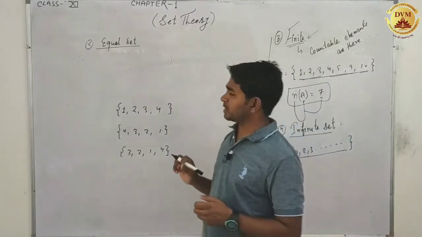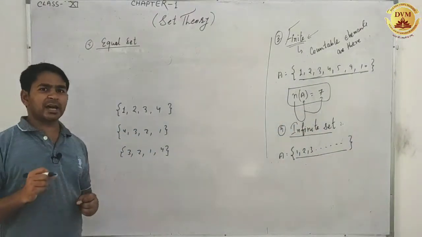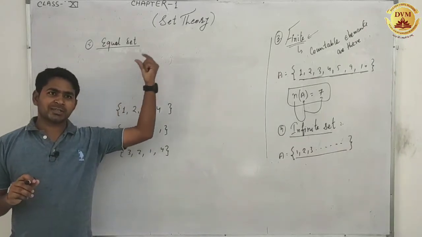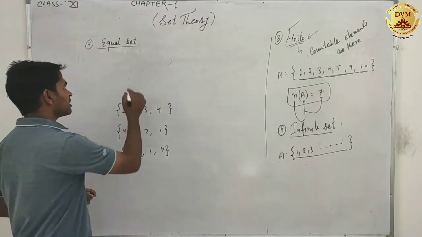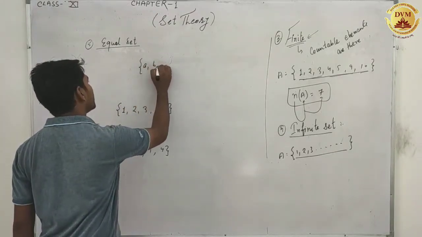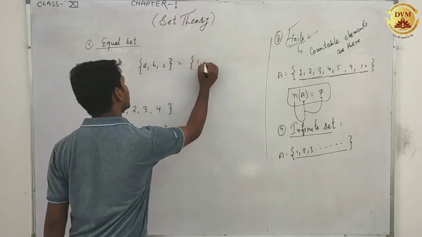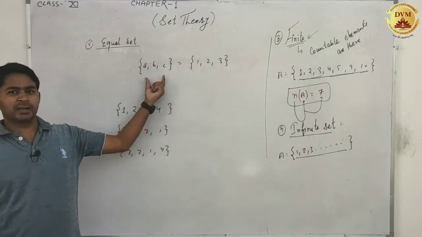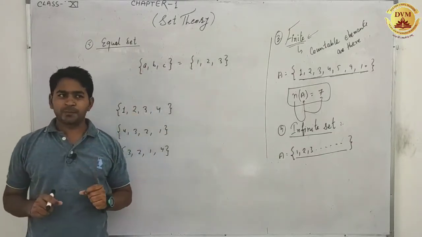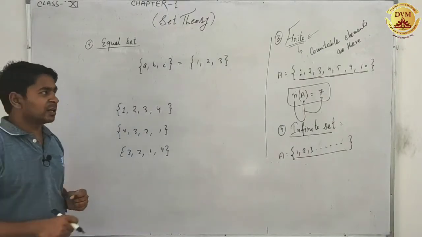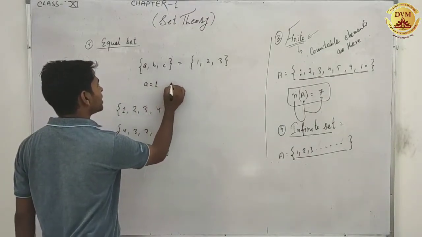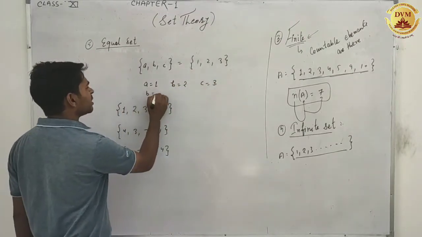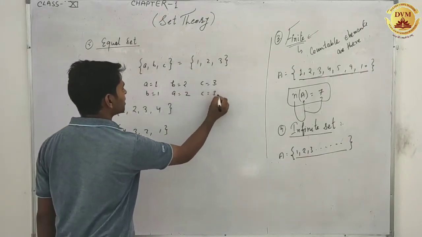So what is an equal set? When two sets are equal, then the elements of these sets should be equal. Suppose I am talking about a set A, B and C equal to 1 2 3. These two sets will be equal only when A is equal to 1, B is equal to 2 and C equal to 3.